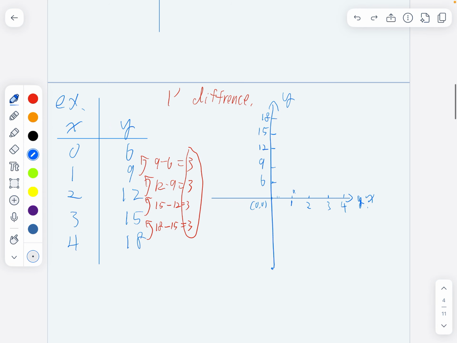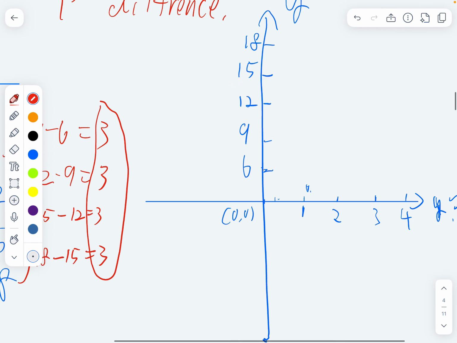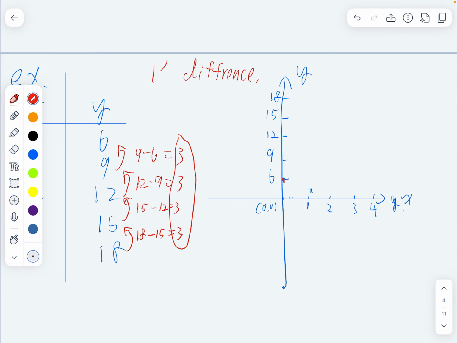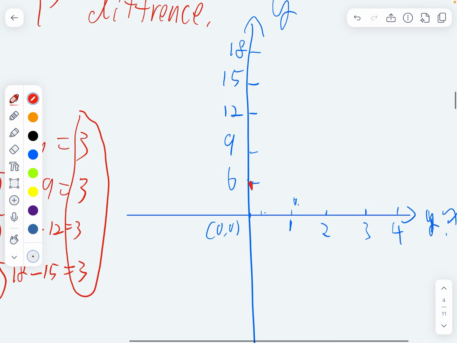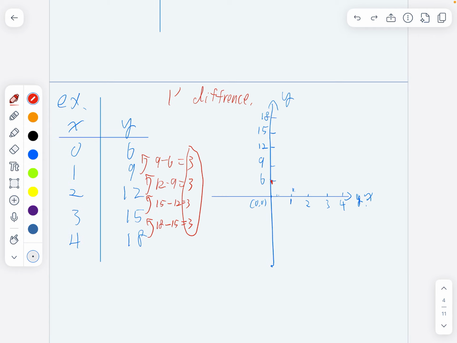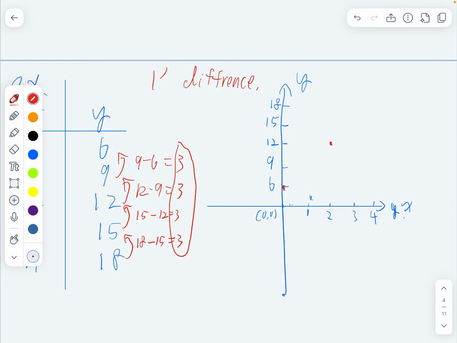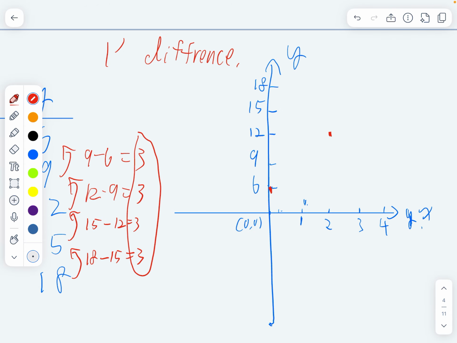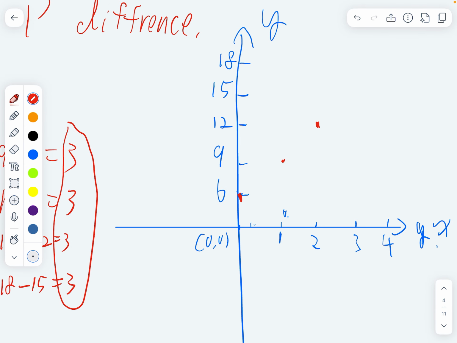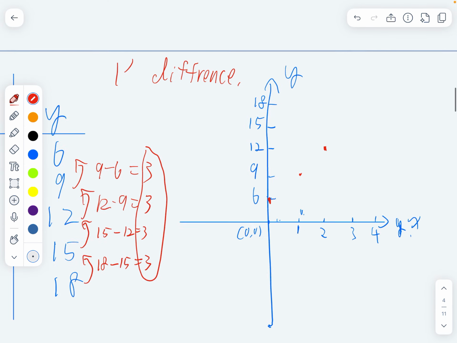Let's draw the points. The first one is here, and the second one is here. The third one is here, and the next one is here.